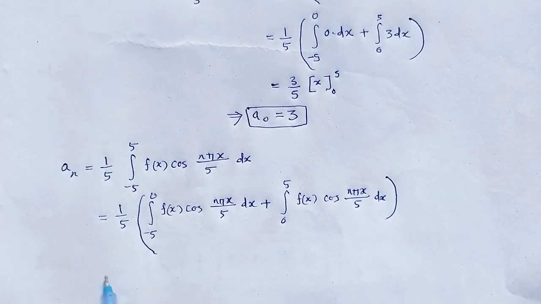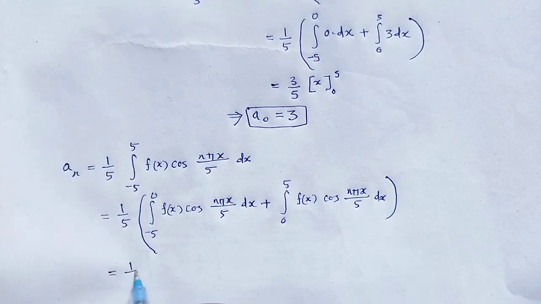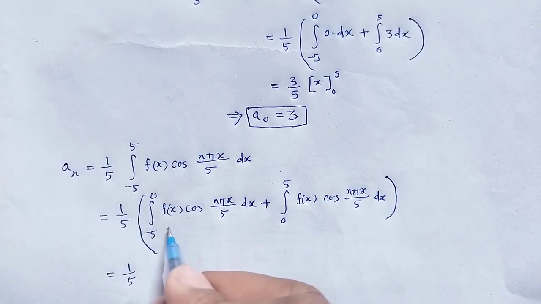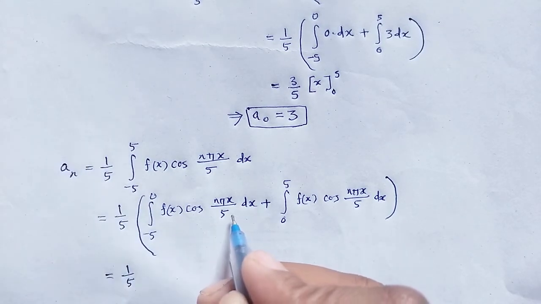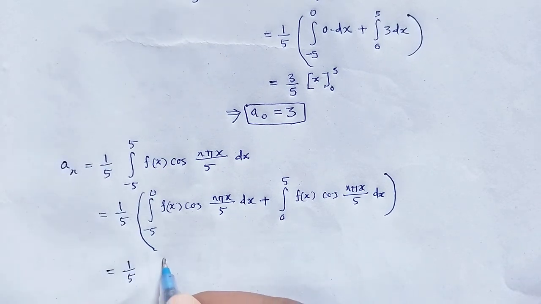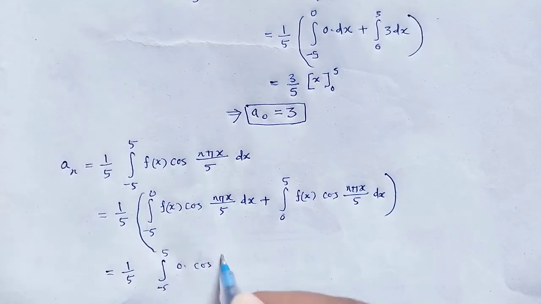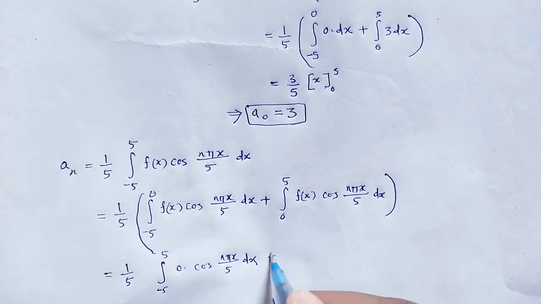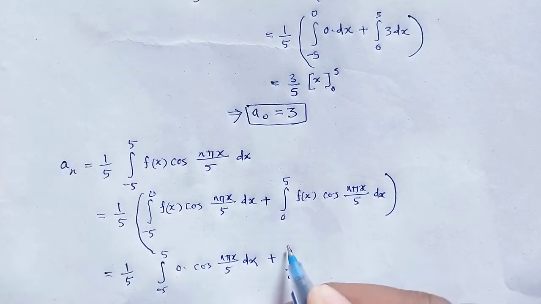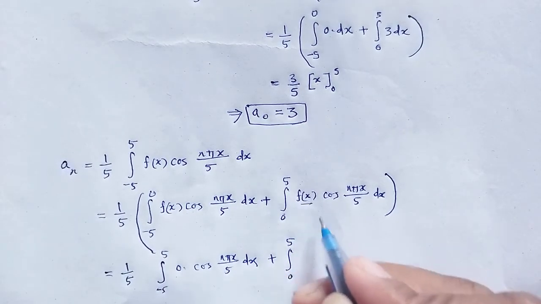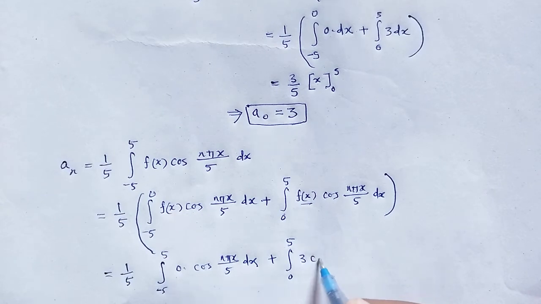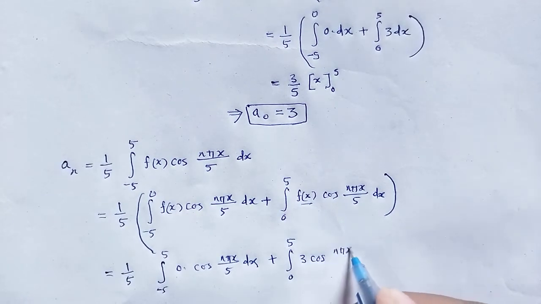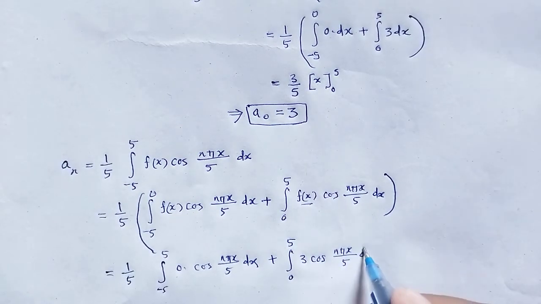In the first interval the result is 0, and in 0 to 5, f of x is 3, so 3 cos n pi x by 5 dx.